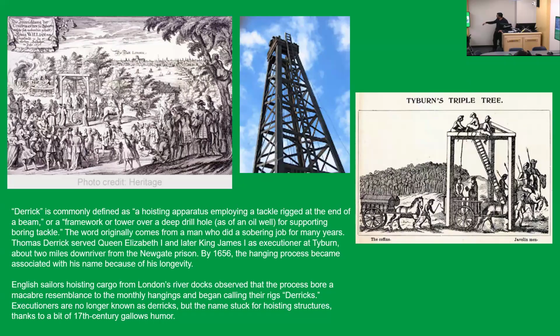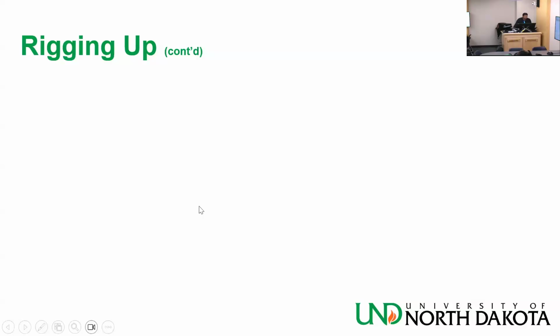To assist his job, he built something that looked like a derrick. That's why the name derrick is used today for oil wells. And he ended up even executing the guy who gave him a pardon eventually. Anyway, I guess he did a lot of executions, but that's how the derrick got its name.